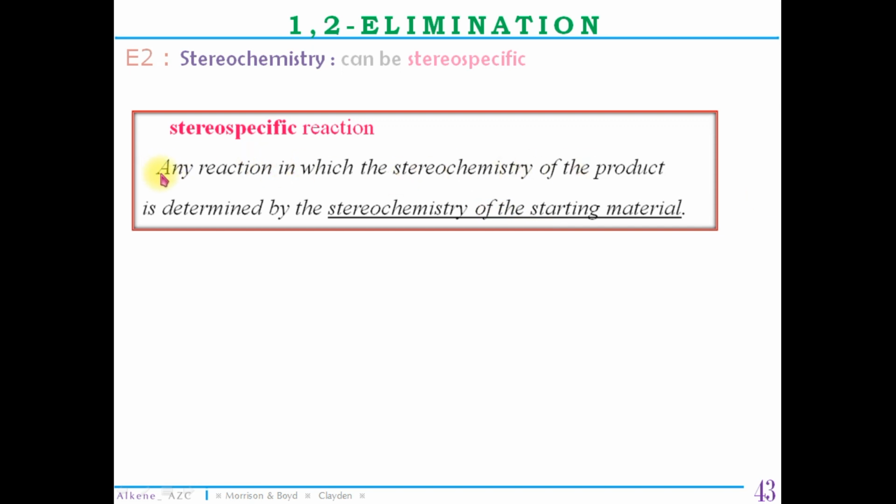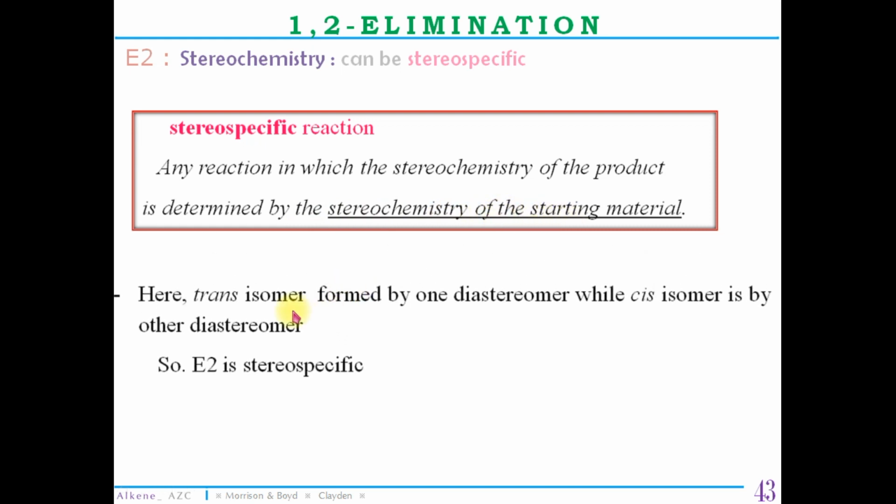A stereospecific reaction is any reaction in which the stereochemistry of the product is determined by the stereochemistry of the starting material. In our example, the trans isomer is formed by one diastereomer, while the cis isomer is formed by another diastereomer.